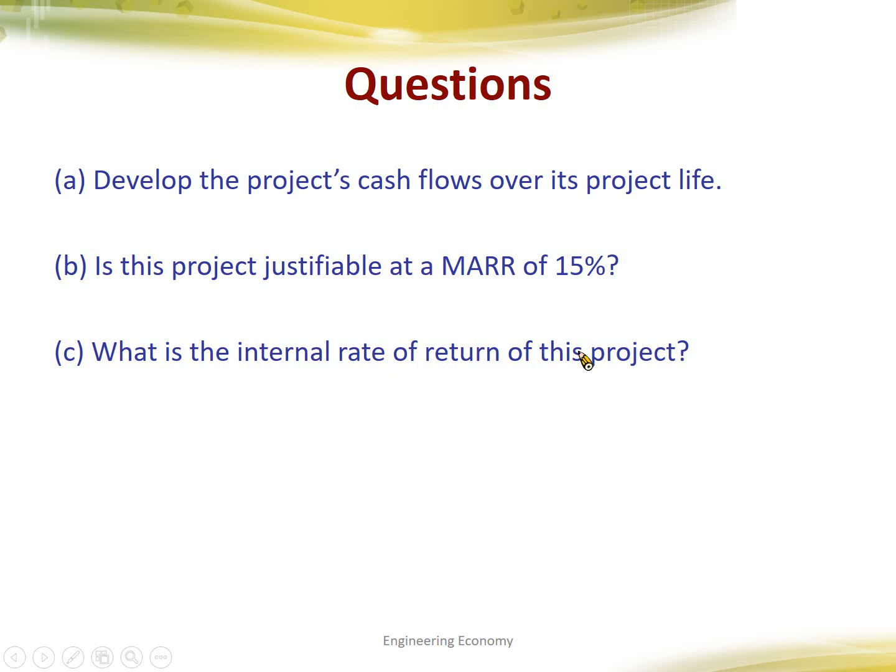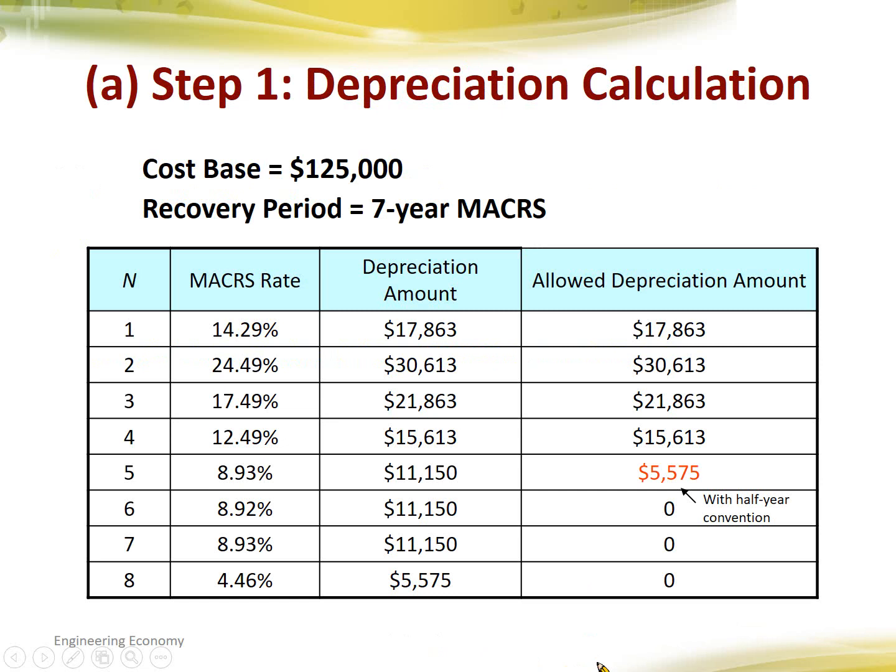That's the meaning of minimum attractive rate of return. And we can also compute the internal rate of return for this project. Okay, so let's go through the analysis, the development analysis.